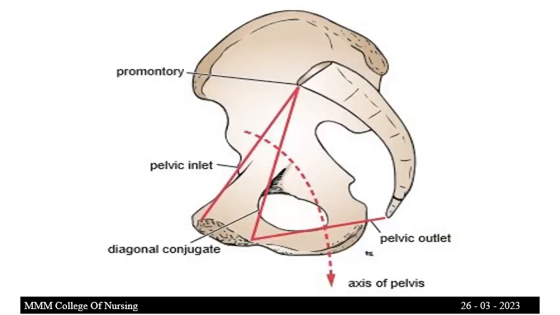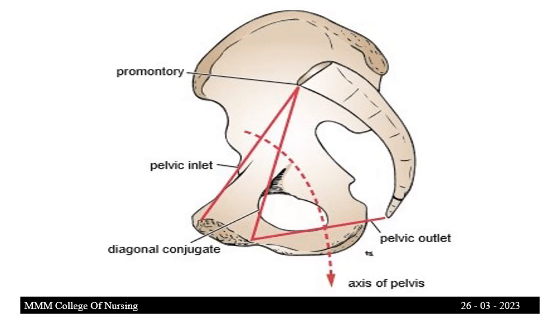Next is the lateral view of the pelvis. As you see in the picture, the promontory is marked. The diameter from the sacral promontory to the upper part of the symphysis pubis is the anatomical conjugate, and from the sacral promontory to the lower border of the symphysis pubis is the diagonal conjugate.